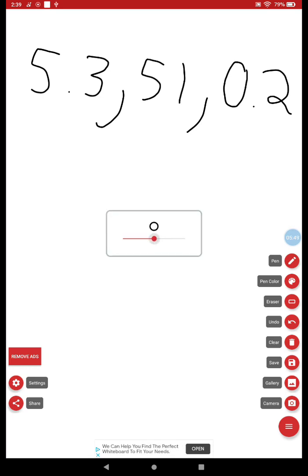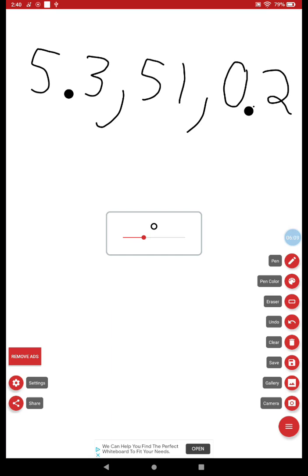I'm going to make my decimal points a little bit bigger so you can see them. All right, now what I need to do is order them from least to greatest. Out of those three numbers, which one do you think is the smallest? Well, if you said 0 and 2/10, you'd be right.